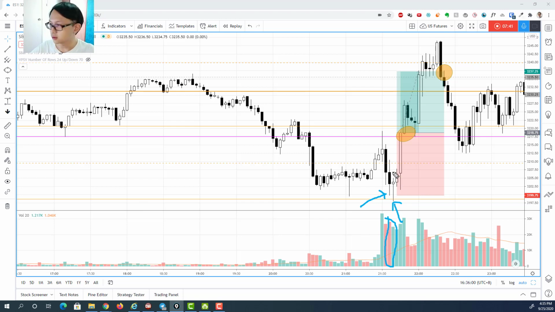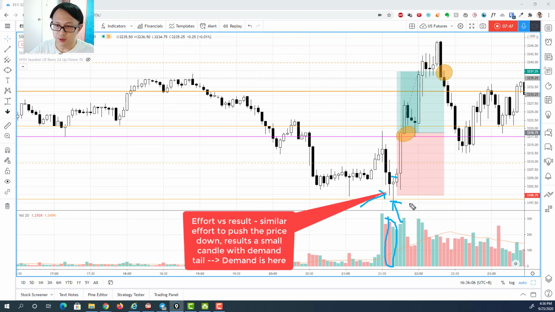But with this much volume to push the price down, what we have in this bullish hammer bar is actually a small candle together with the demand tail. So it suggests that there's presence of demand coming in this hammer bar.